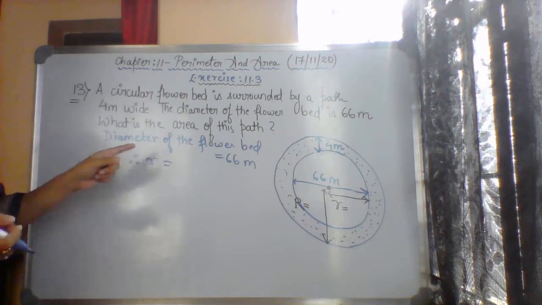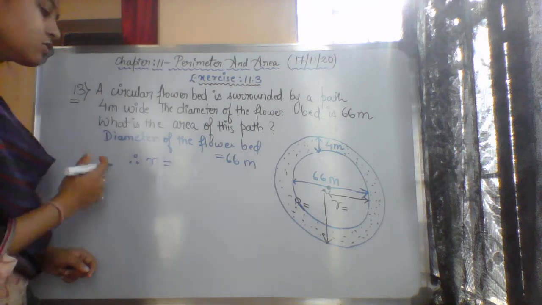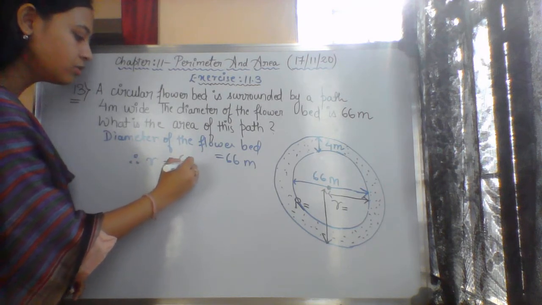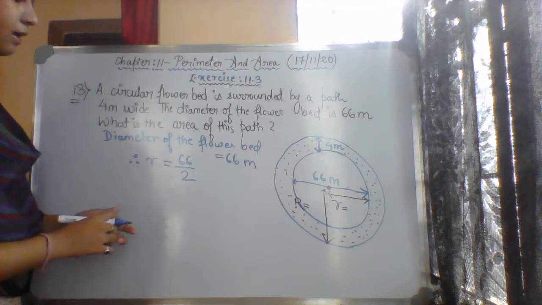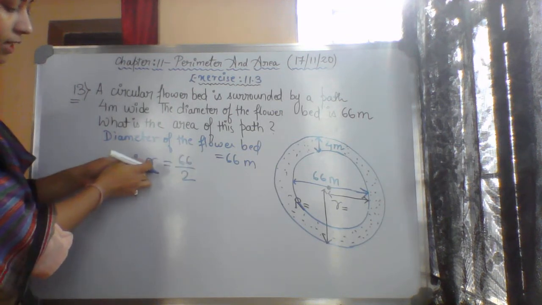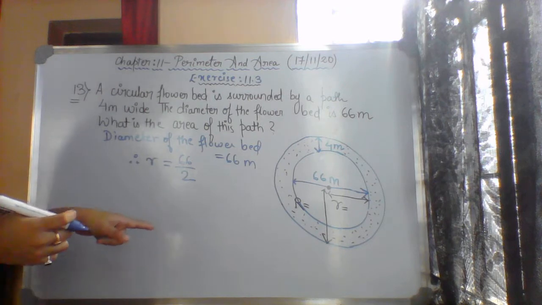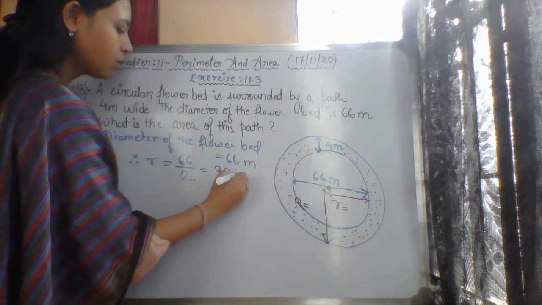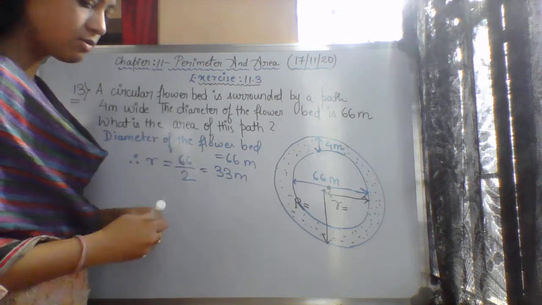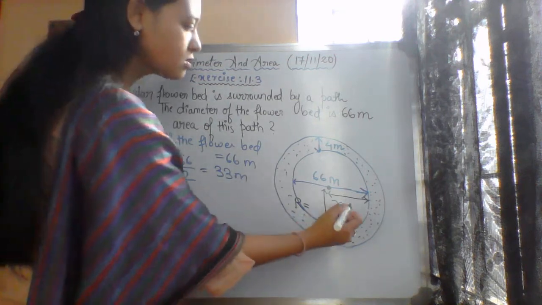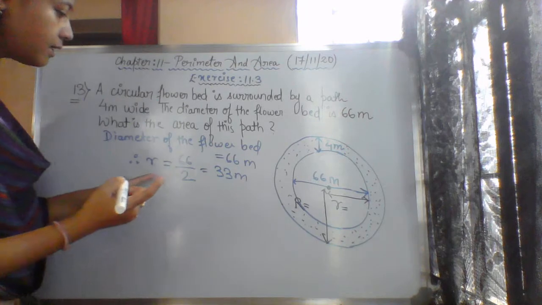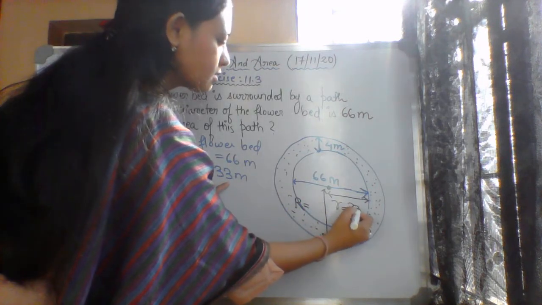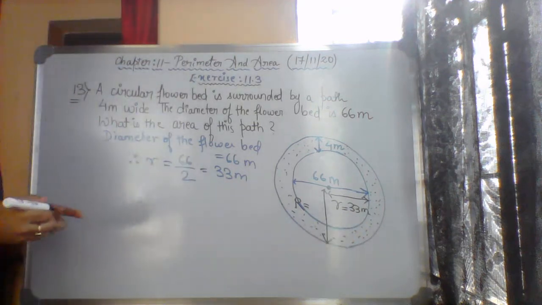We know diameter is twice the radius, so radius will be diameter divided by 2, half of the diameter. So it will come 33 meters. What is the radius of the smaller circle, the flower bed? 33 meter.